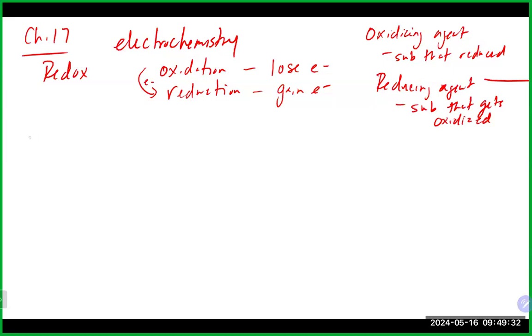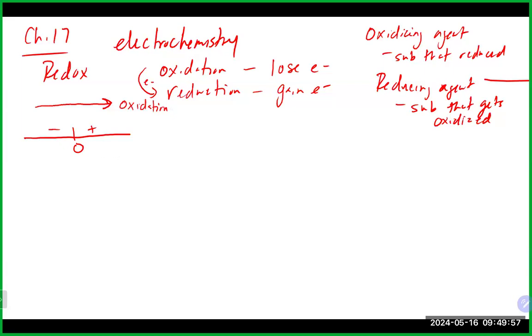Remember, you could follow the oxidation numbers and just use a basic number line to figure out what is happening in terms of oxidation and reduction. Again, if you look at the oxidation state or number of a substance on the left versus on the right, and it's moving in a positive direction, that means that it is losing electrons and becoming more positive and going through oxidation.